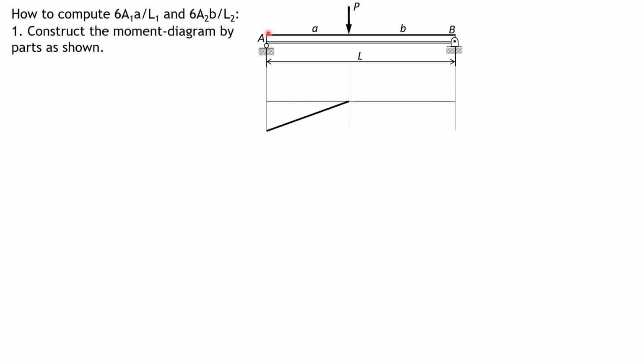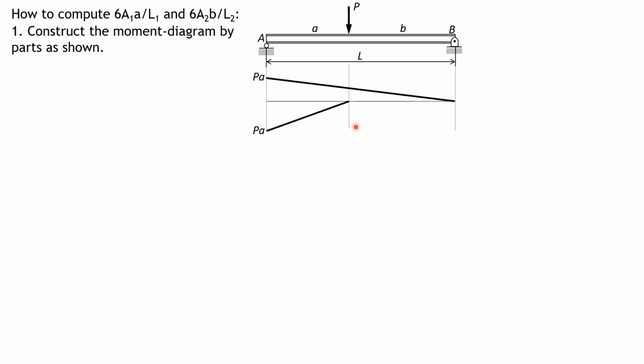If you take moment about A, then the intensity of this moment is Pa, which is negative. Therefore, the moment of the reaction at B must also be Pa, because the moment at A is 0, since it is simply supported. Even if you compute the reaction at B, it is equal to Pa over L. So Pa over L times L is Pa.